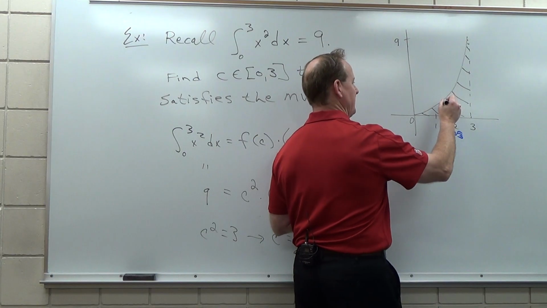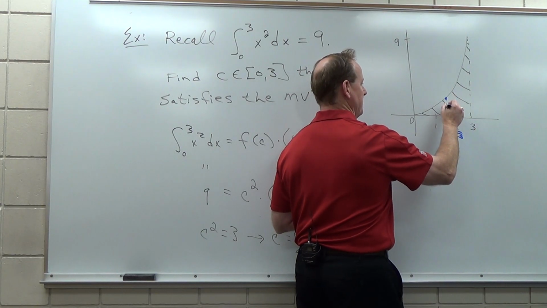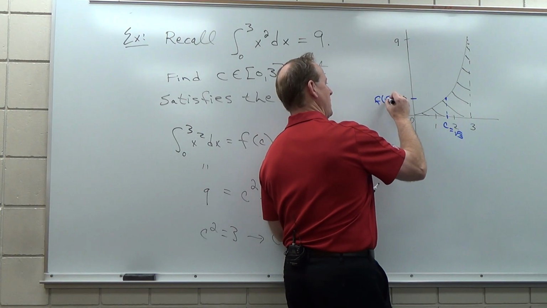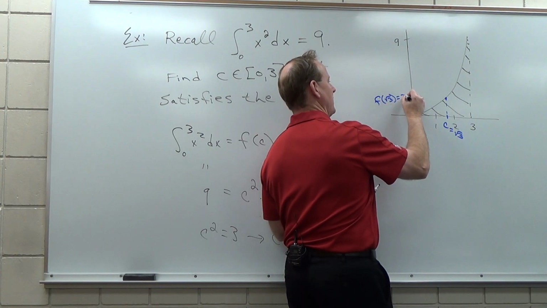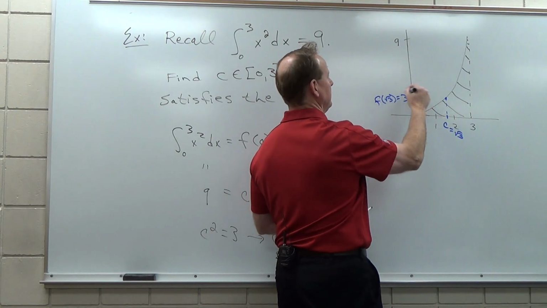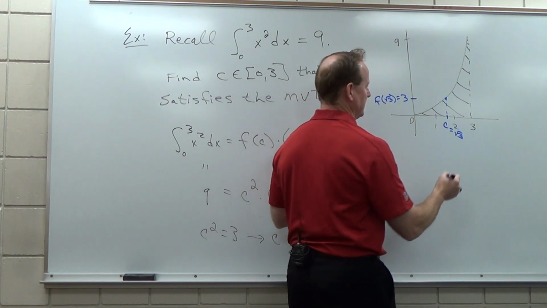And then what we have here is f of c, my height here, is f of the square root of 3, which is the square root of 3 quantity squared, which is 3. So maybe it's not quite drawn to scale here. If that's 9 up there, it really needs to be a little bit higher.